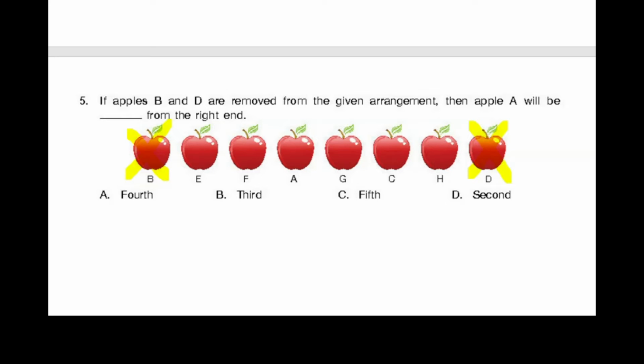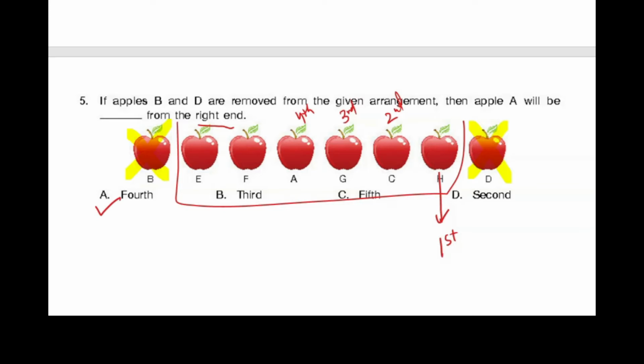When we do not have B and D, we are just left with this set of apples. So from the right end, as it is written here, H will be the first, right? Then second, third, fourth. So A will have the fourth position. So option A is correct.